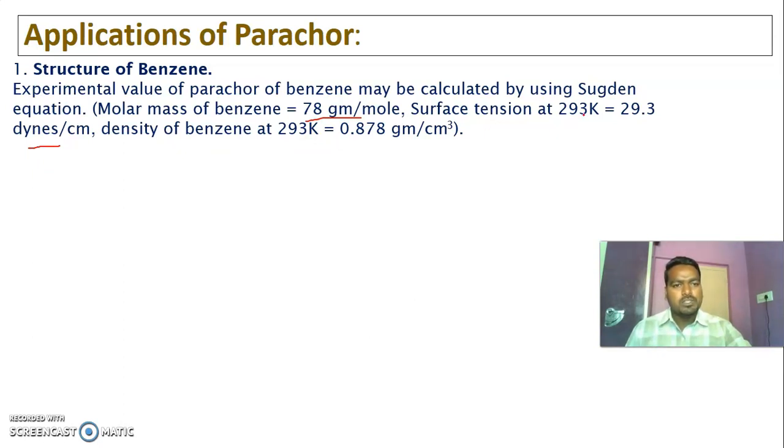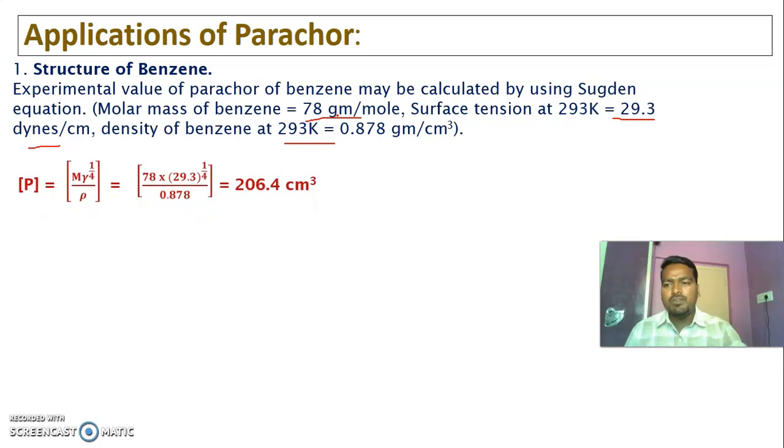So dear students, we have the surface tension, the density and the molar mass. Now apply all this data in the given equation: the Parachor value is equal to molar mass into surface tension to the power of 1/4, all divided by density. So we have 78 into 29.3 to the power of 1/4 divided by 0.878.